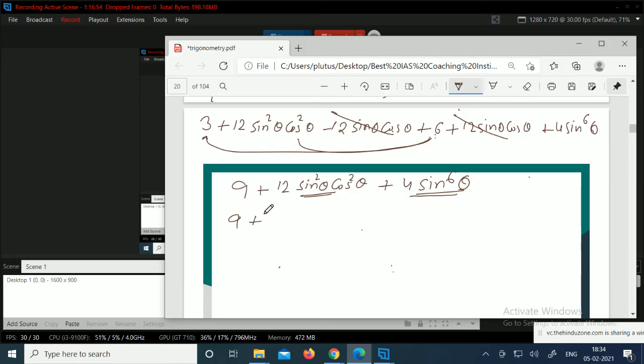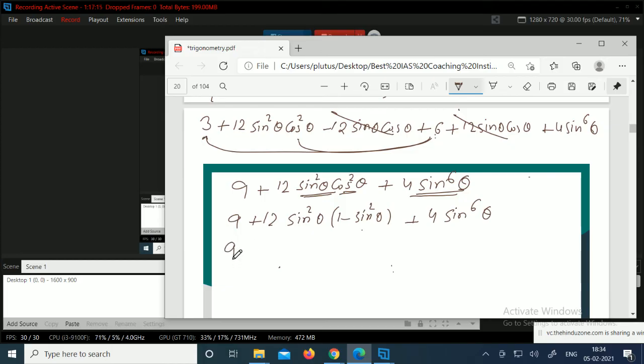So write 12 sine square theta, and this cos square theta is 1 minus sine square theta, because there is a problem of high power. So I am increasing the power of this theta by making cos square into 1 minus sine square. Here 4 sine 6 theta.